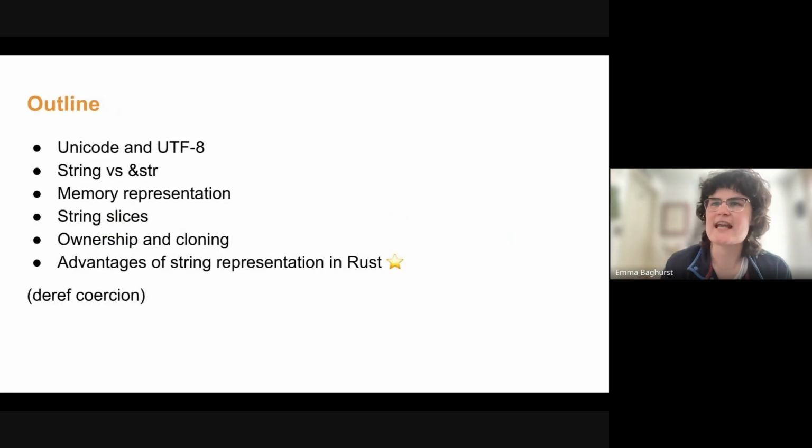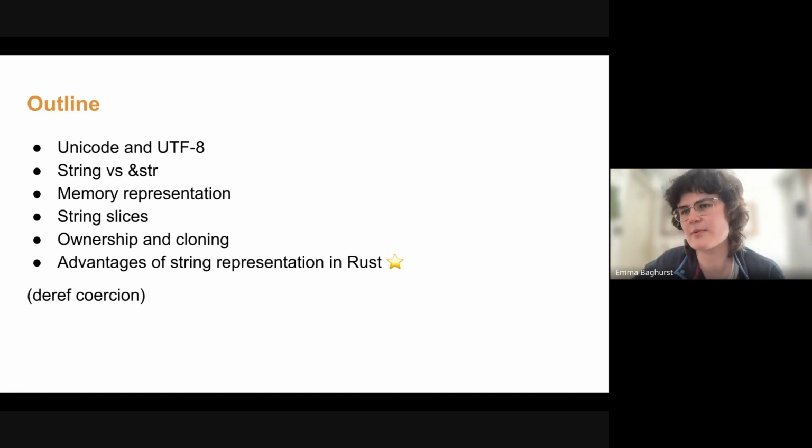So in terms of the outline, things I'd like to cover: Unicode and UTF-8 and how it relates to Rust. A bit about the two most common string types, String and &str, which is what I'm going to call it. I'm pretty sure different people pronounce it different ways. Then I'm going to go through the memory representation, a bit about string slicing, ownership and cloning.